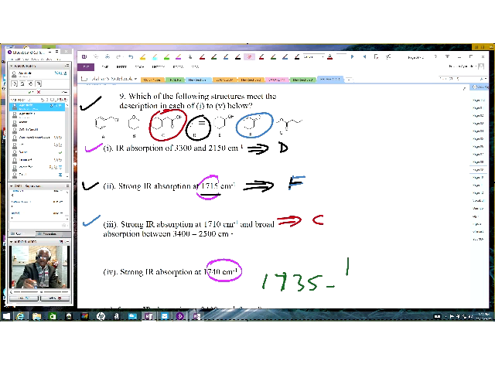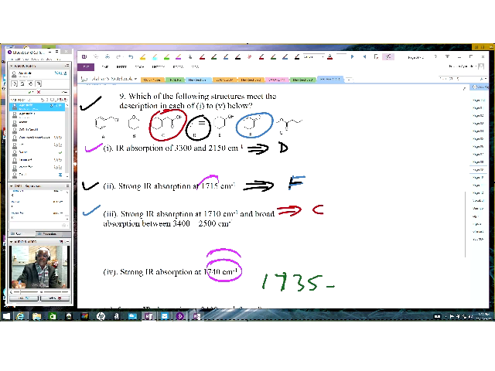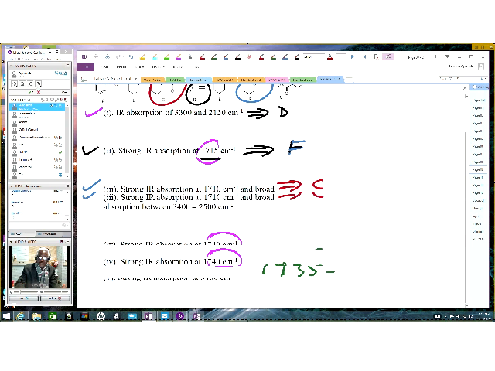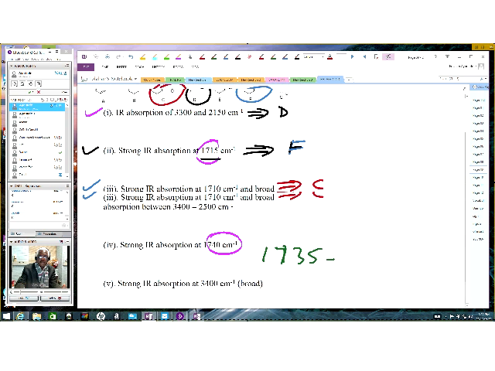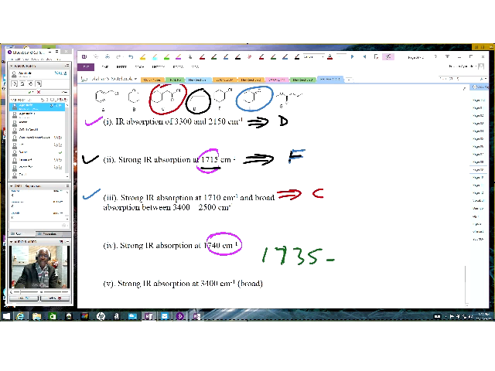Sorry about that. Let me bring this back up. Between 1735 and 1740, what that tells you is that you have an ester. That is the absorption frequency of the carbonyl of an ester.